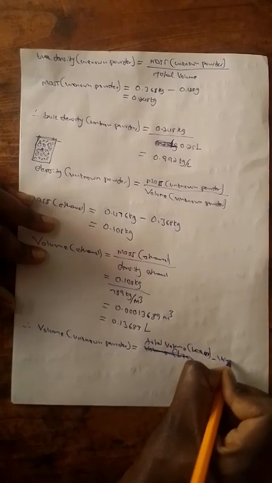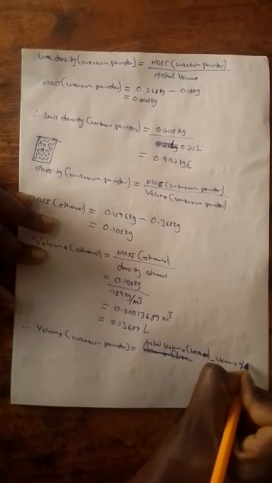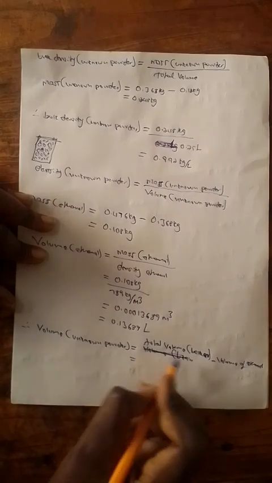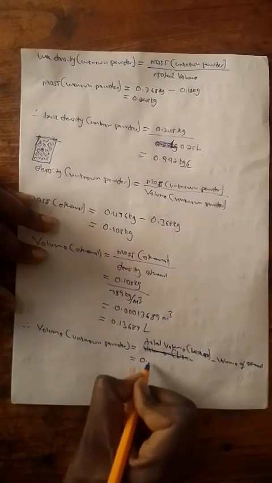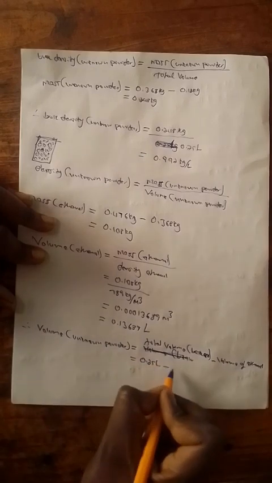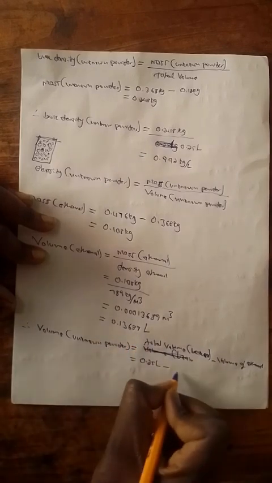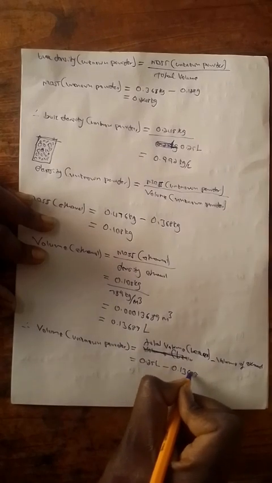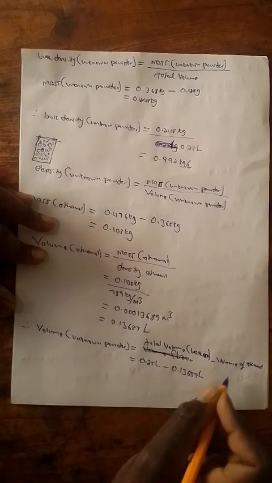the volume of ethanol, right? It is equal to, we know the total volume of the beaker is 0.25 liters, that is 250 milliliters, minus the volume of ethanol we just calculated to be 0.13689 liters.